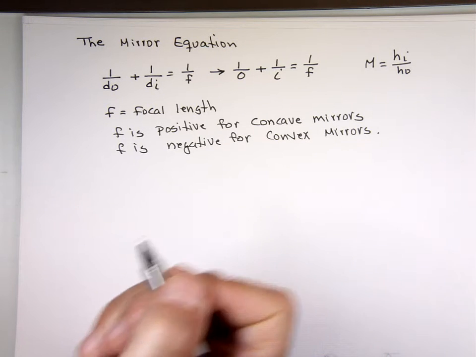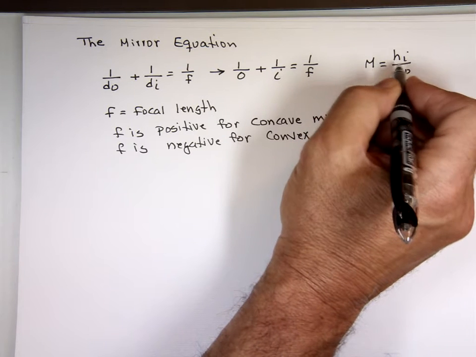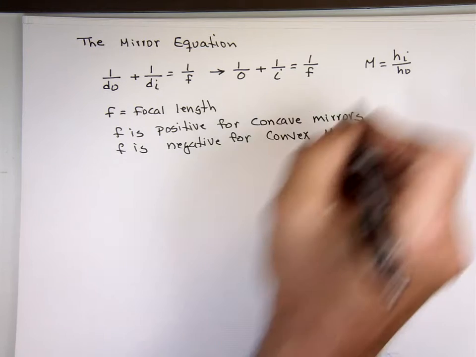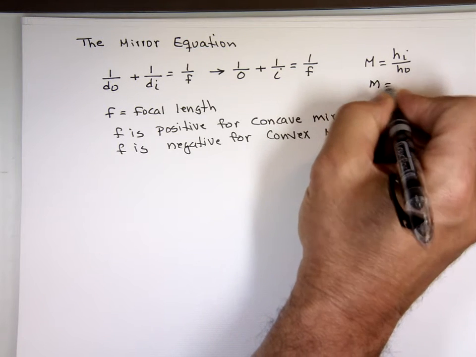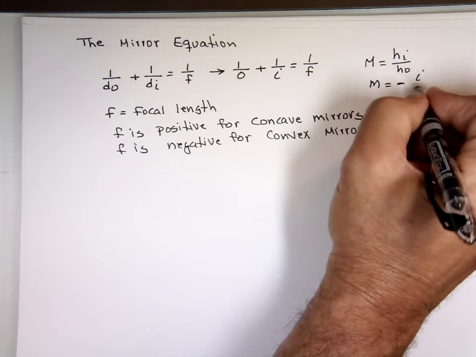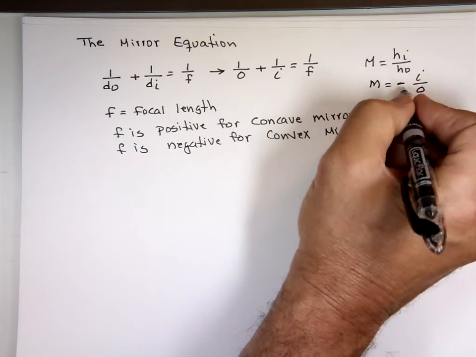It's minus the height of the image over the height of the object when we get to it. Magnification also happens to be negative the distance of the image over the distance of the object. This is positive, this is negative. It's the ratio of the two heights.